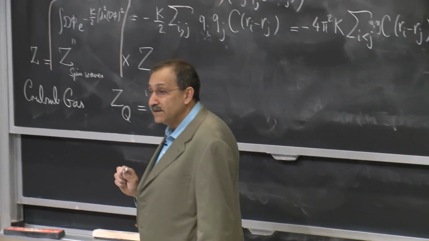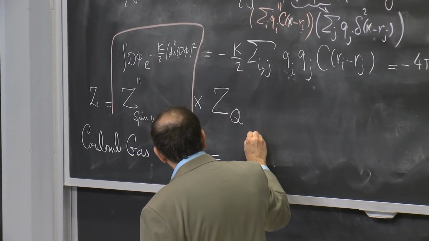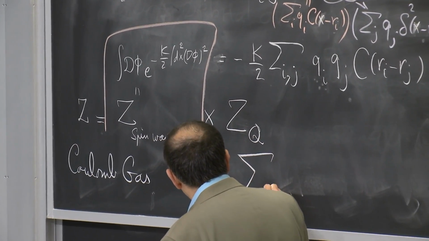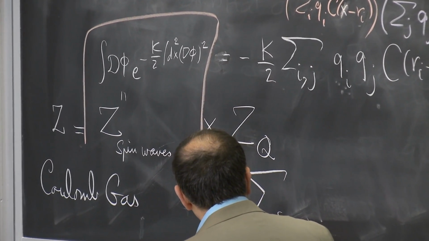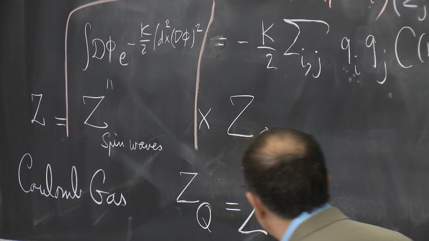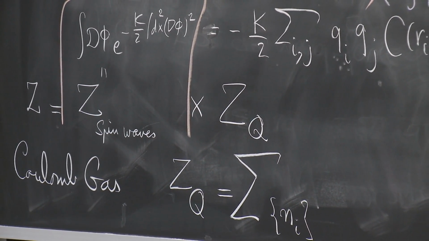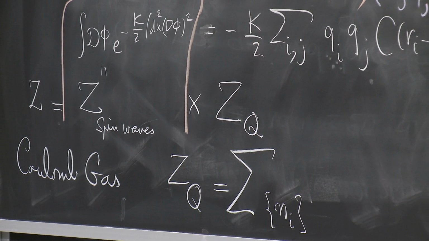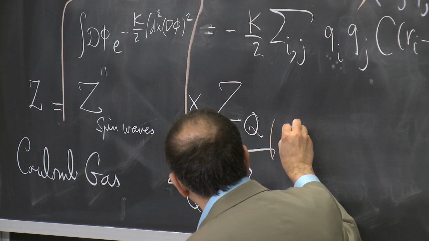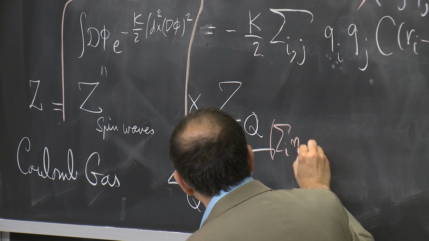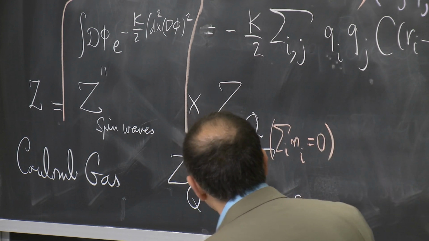So to calculate this, I have to sum over all configurations of charges. The number of these charges could be 0, could be 2, could be 4, could be 6, could be any number. But I say even numbers because I want to maintain the constraint of neutrality. Sum over n_i should be 0.